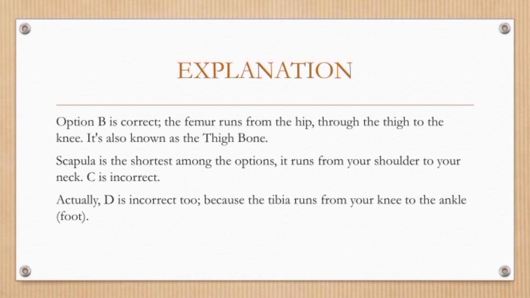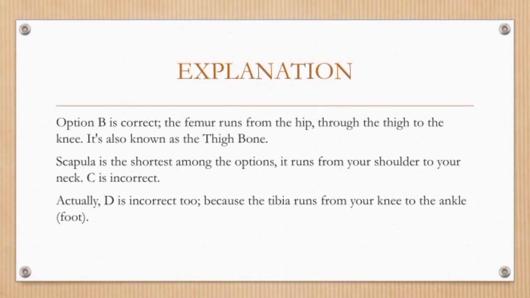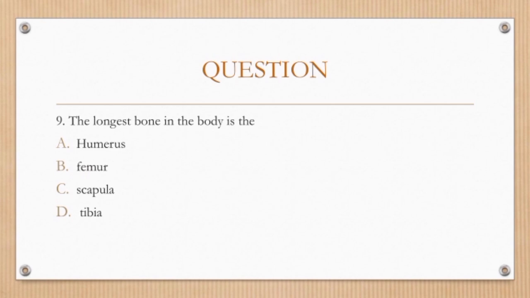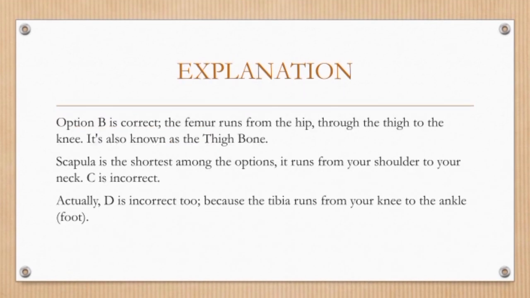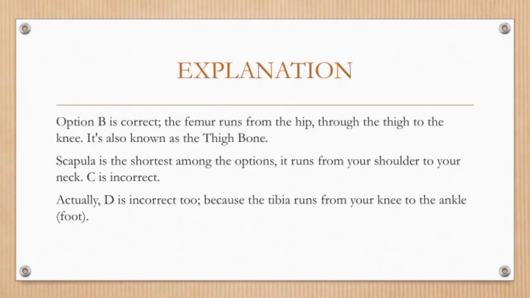It's also known as your thigh bone. The scapula is actually the shortest in the options they gave you. And D is not the answer, because the tibia runs from your knee to your ankle, which is your lower leg.